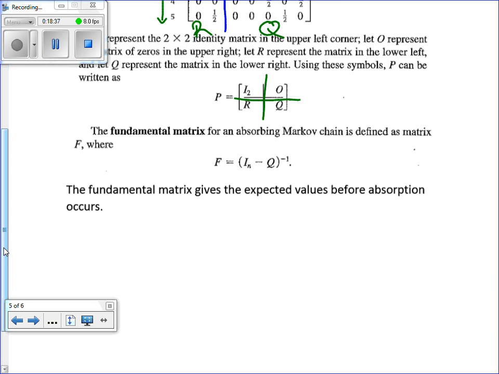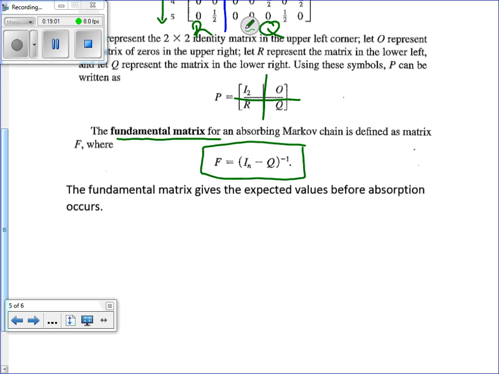The fundamental matrix for an absorbing Markov chain is defined as F, and we're going to use this equation right here. F equals I, which is our identity matrix, the part in the upper left-hand corner, minus Q, which is the part in the lower right-hand corner, and then we take it to the negative first power, which is the inverse.